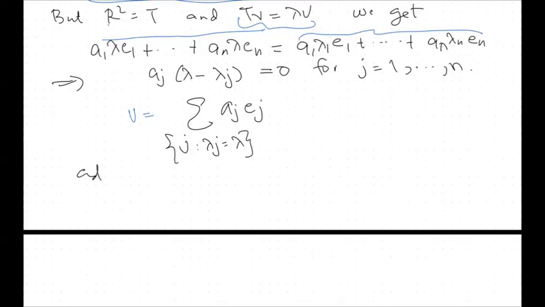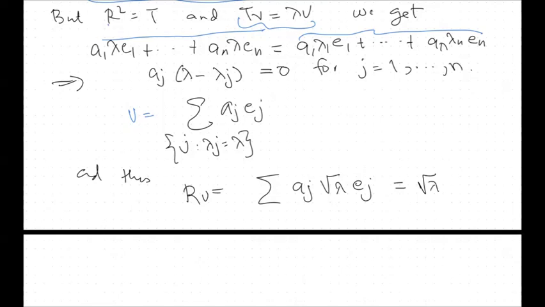Thus, your R v is just the sum of a_j square root of lambda and then e sub j, which means this is just equal to square root of lambda times v. This happens when our j is such that your lambda j is equal to lambda.